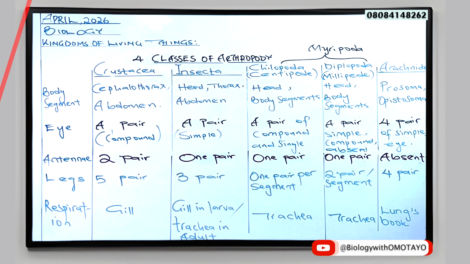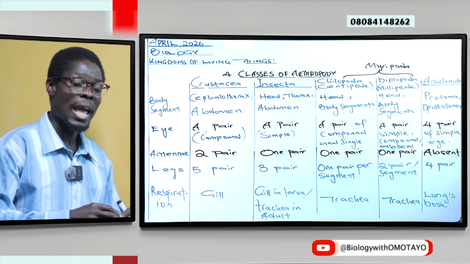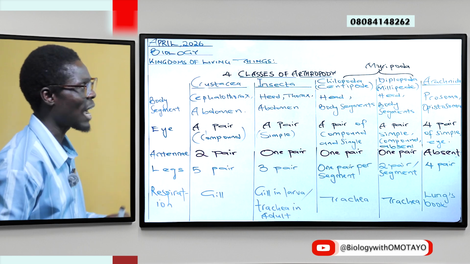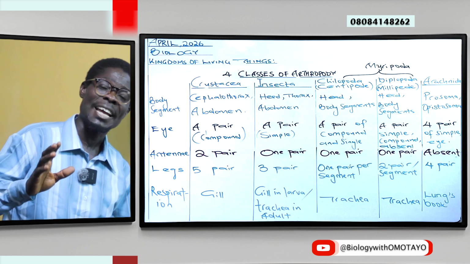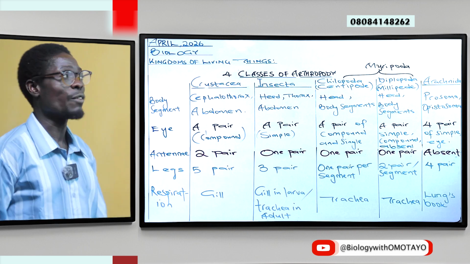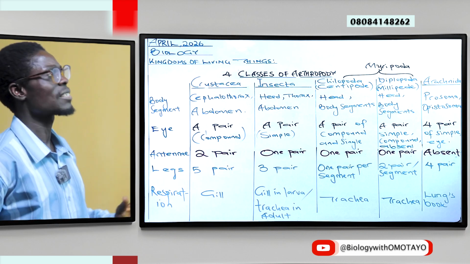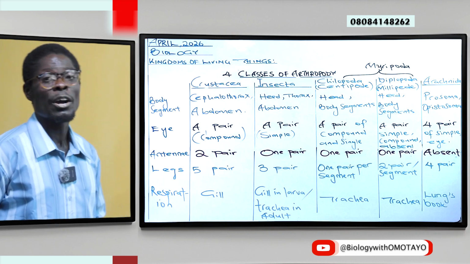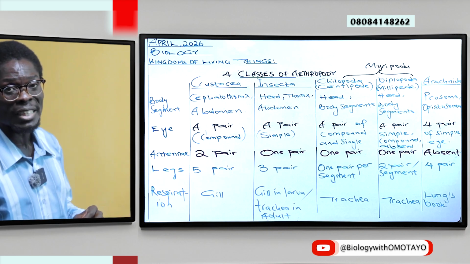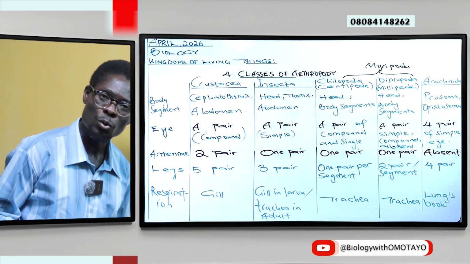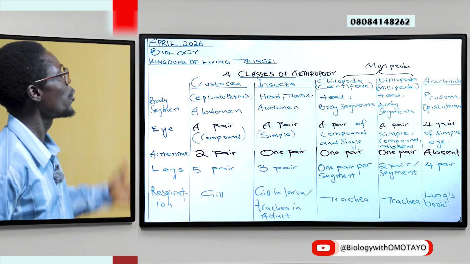For your Myriapoda, the Chilopoda and the Diplopoda, that's talking about our elongated body insects, the Chilopoda usually have just head and segments, while for the Diplopoda, the same thing, head and what? Several segments. For Arachnida, we have the body segmented into prosoma and opisthosoma. Again, prosoma and opisthosoma.